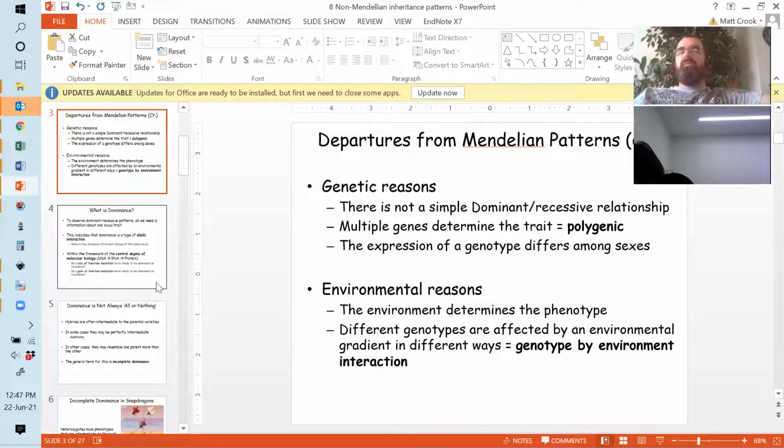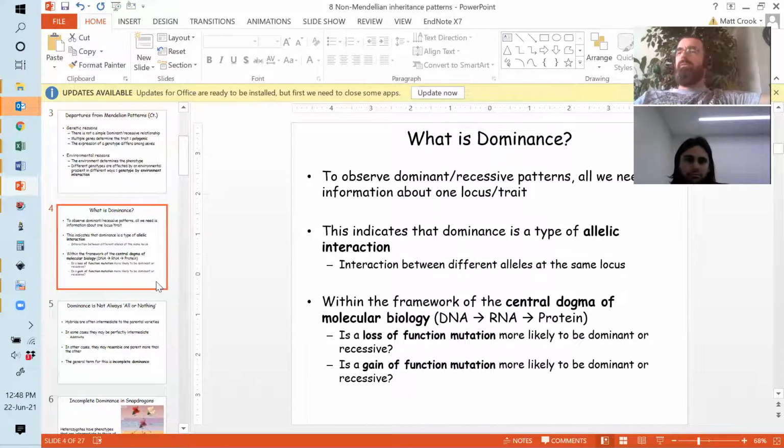Okay, so now we get into talking about dominance, right? We've got probably one of the few examples of incomplete dominance, which is in snapdragons. Pigmentation actually is the common one.